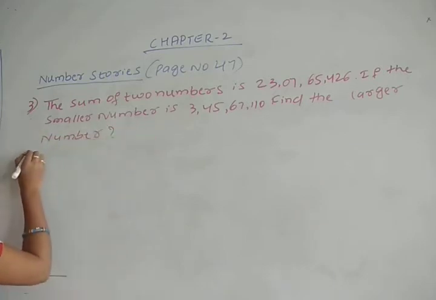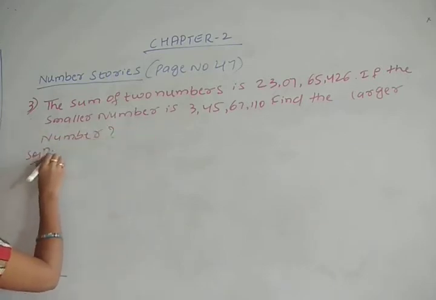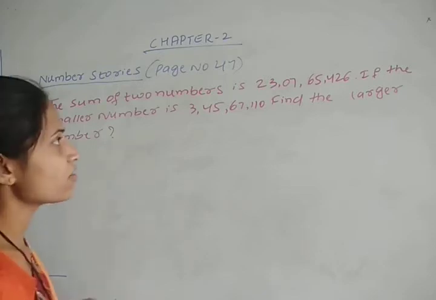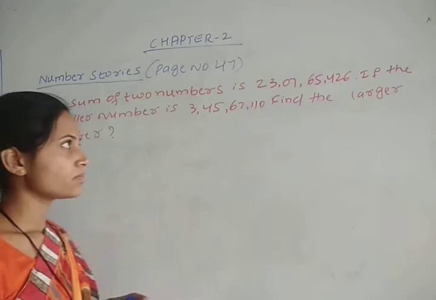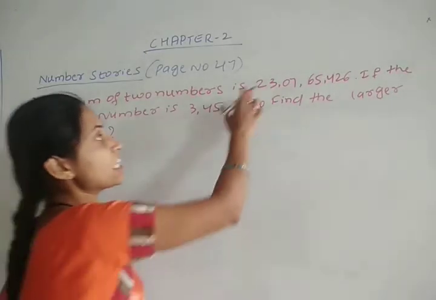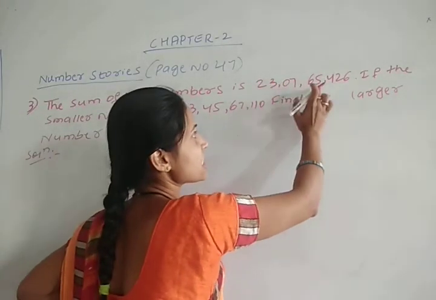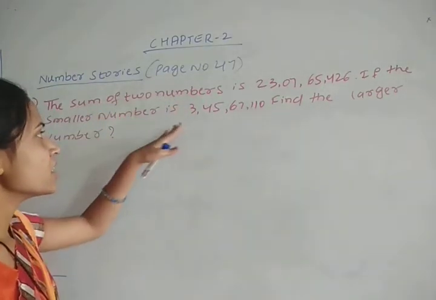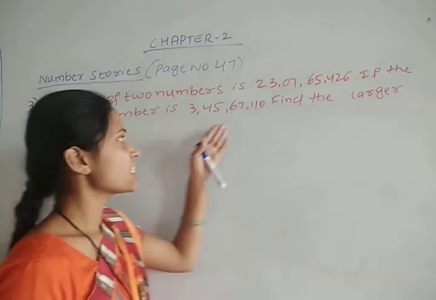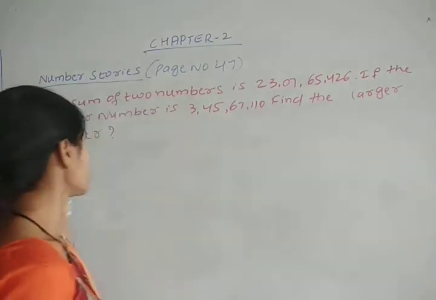Okay, this is the question. Now let us see the solution. In the question, they have asked: the sum of two numbers is 23 crore 7 lakh 65,426. If the smaller number is 3 crore 45 lakh 67,110, find the larger number.